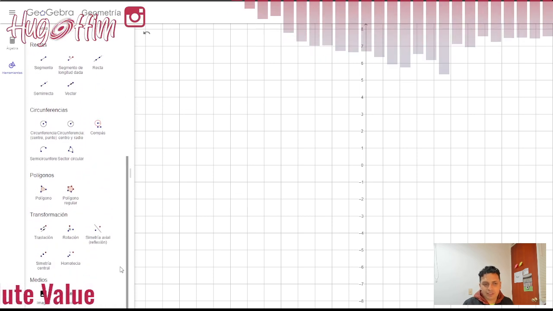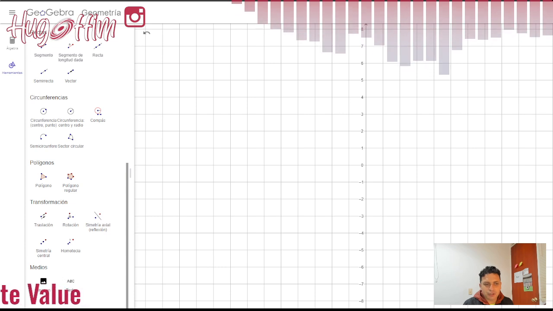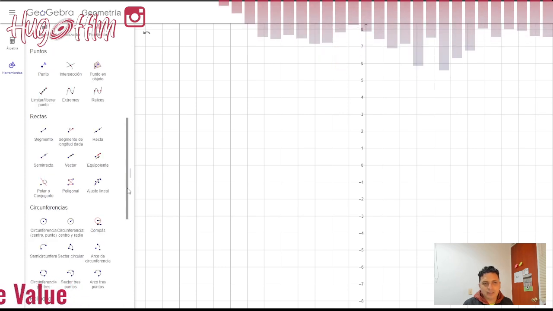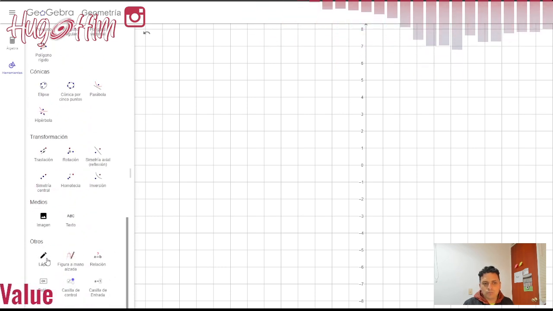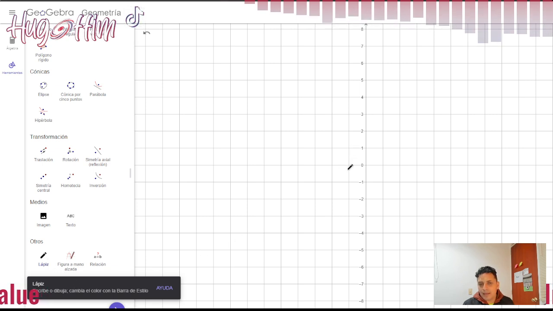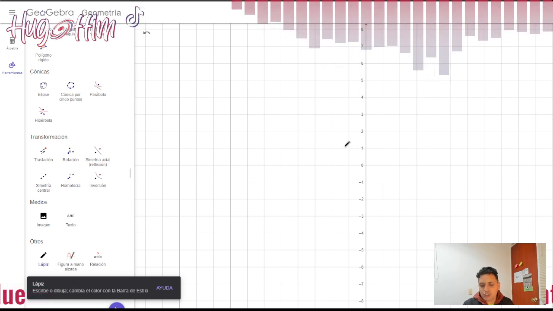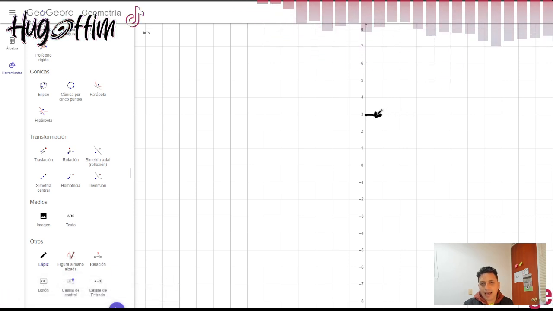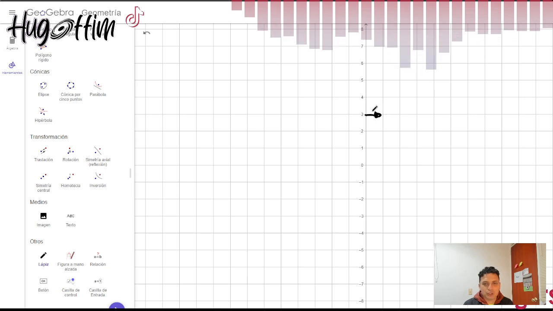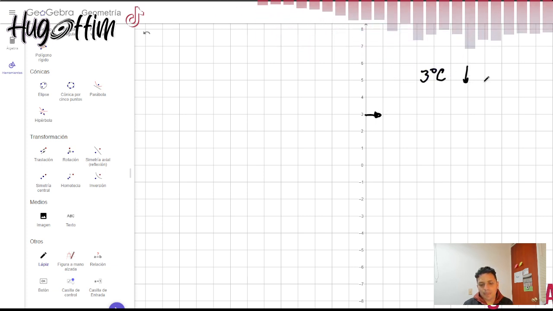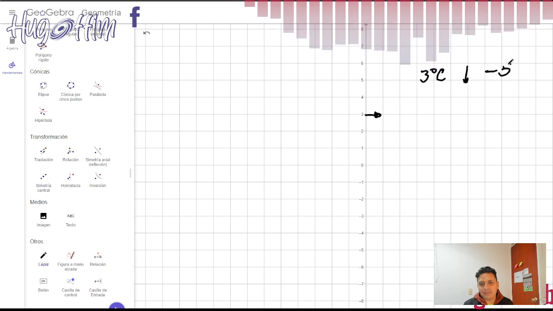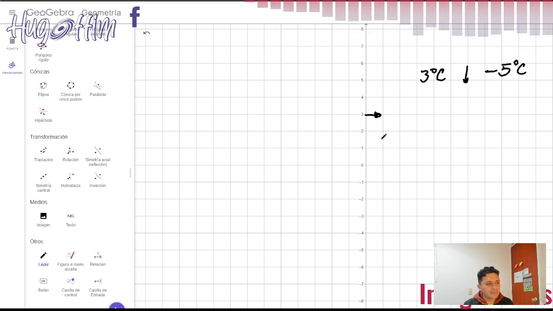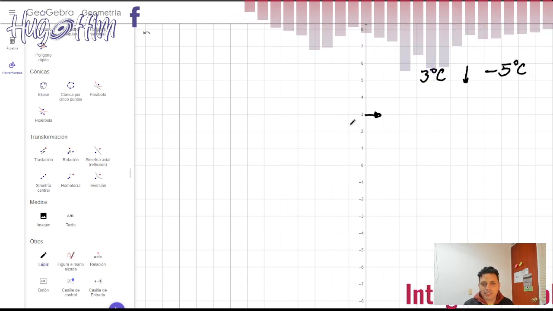So imagine that the temperature that we have is just 3 centigrade degrees. This is the temperature of something, and I want to decrease it to -5 centigrade degrees. So my objective is to do this decreasing of temperature.